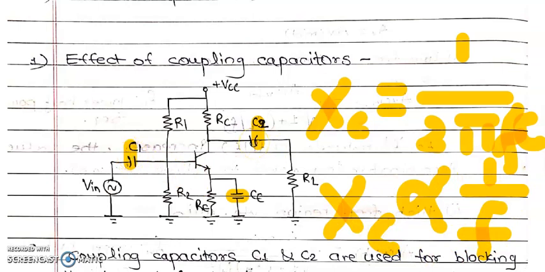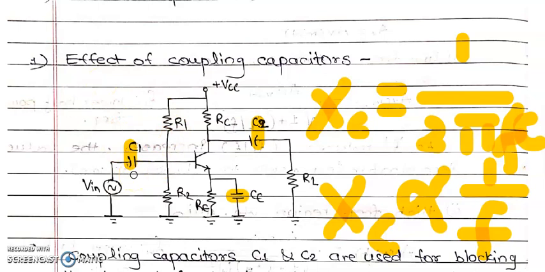And due to this high reactance, when we are providing the input signal, across this capacitor C1 we have a higher voltage drop due to the high reactance of C1.